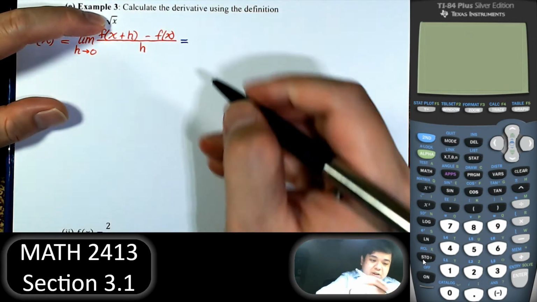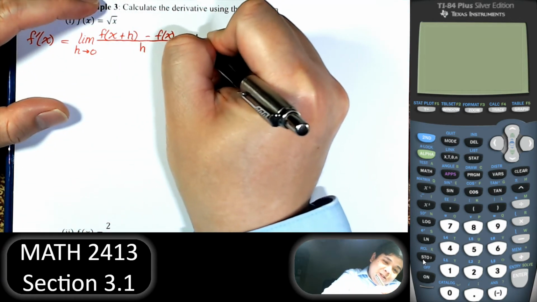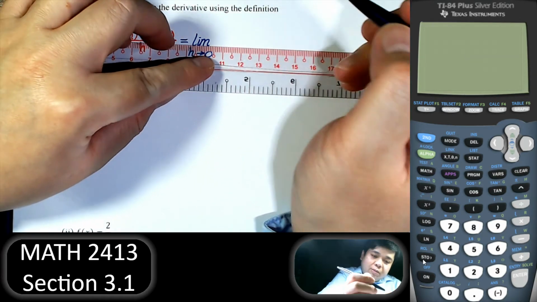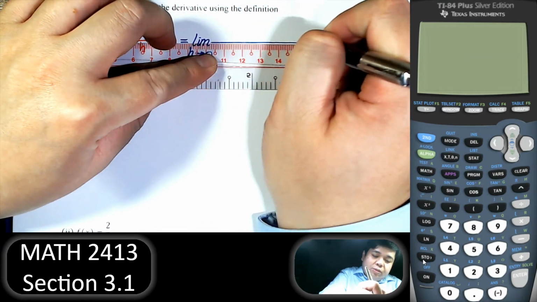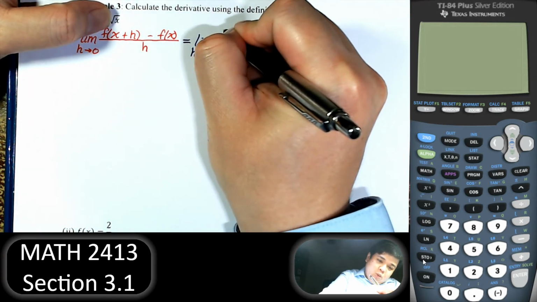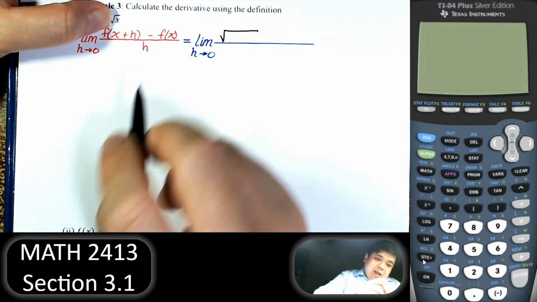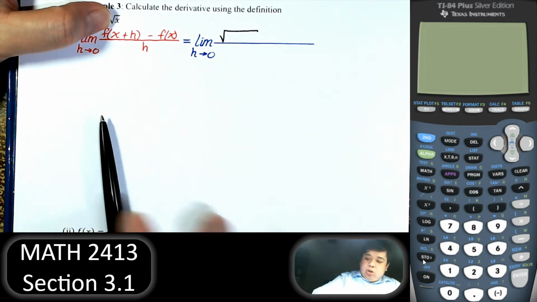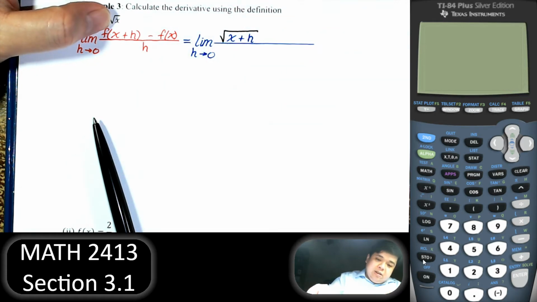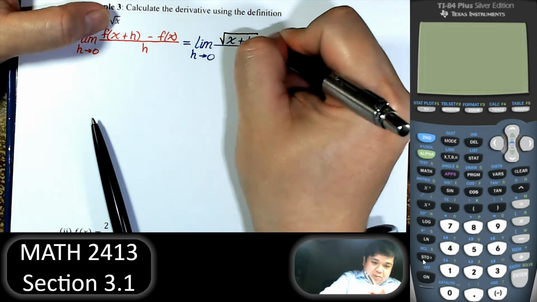Now the function is the square root. So first we have the square root of the function at x plus h. So I'm going to put x plus h instead of x, and then subtract.